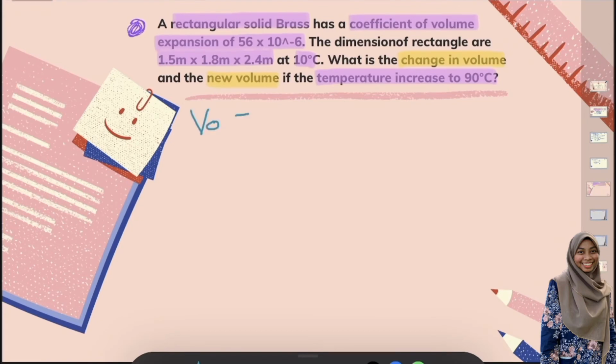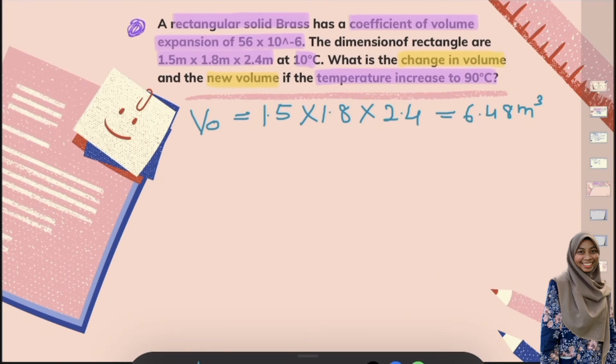V naught is equals to 1.5 times 1.8 times 2.4, and the answer is 6.48 meter cube.